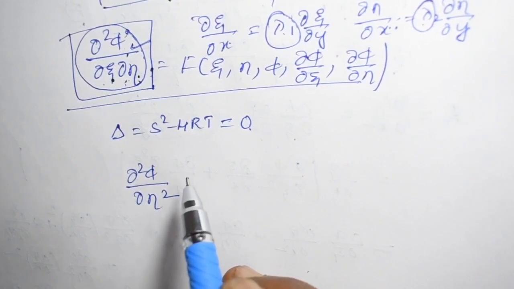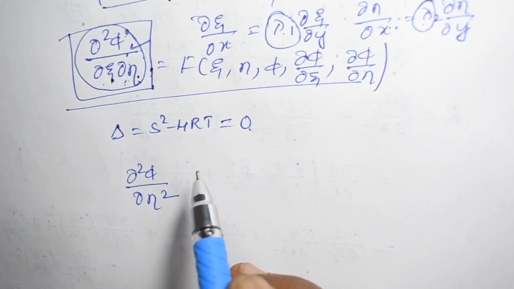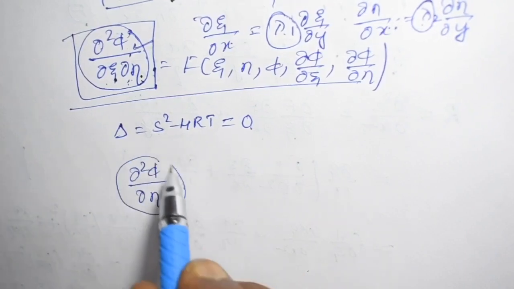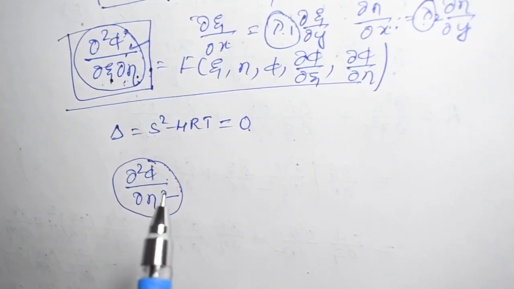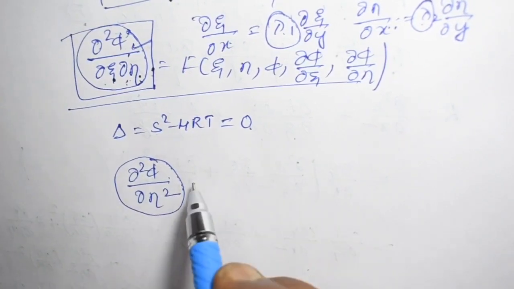So you find either xi or eta, only one, and you choose the other one such that all the second order derivatives vanish except this one.